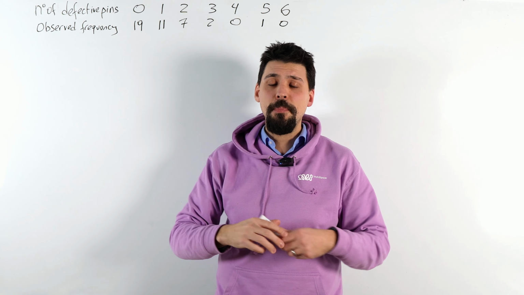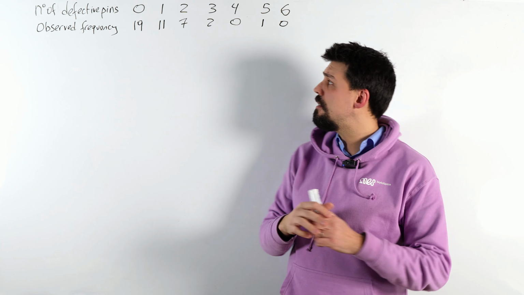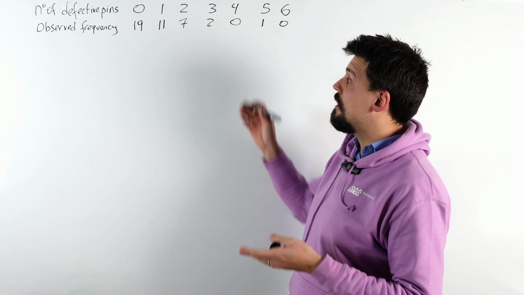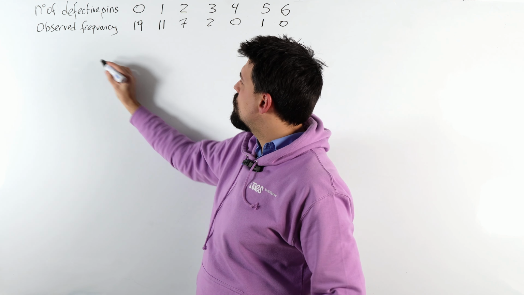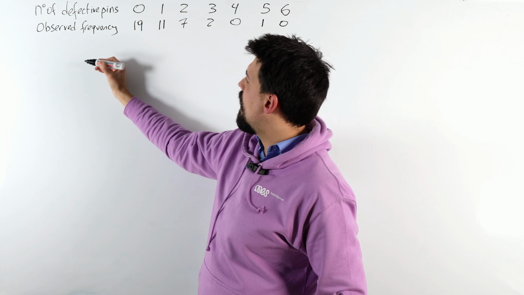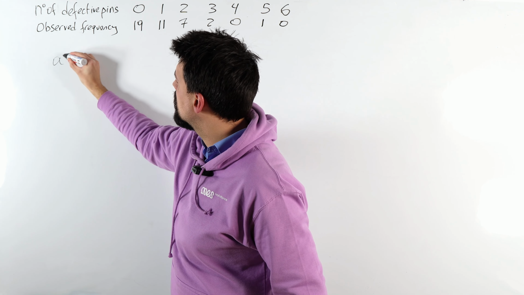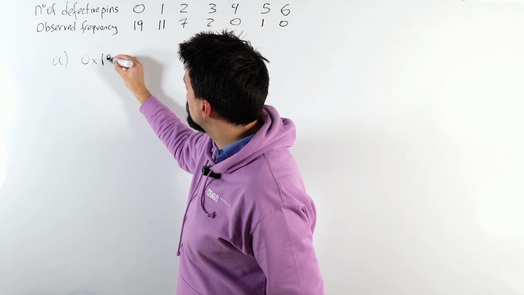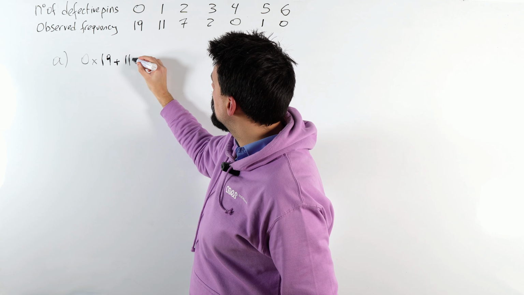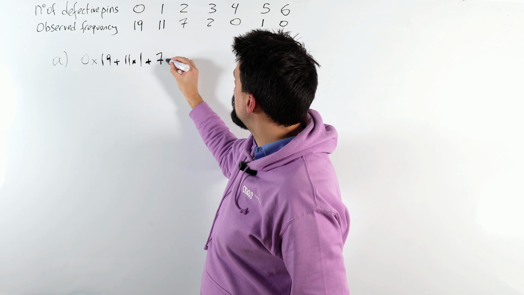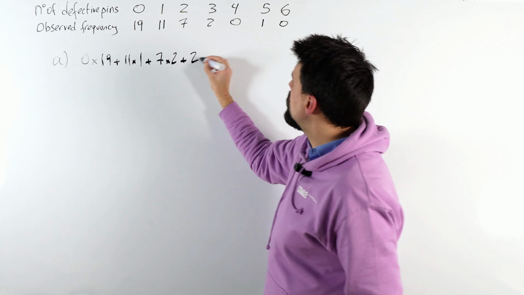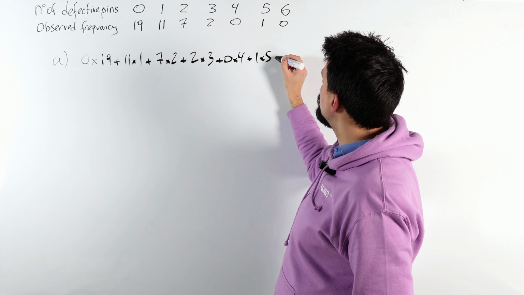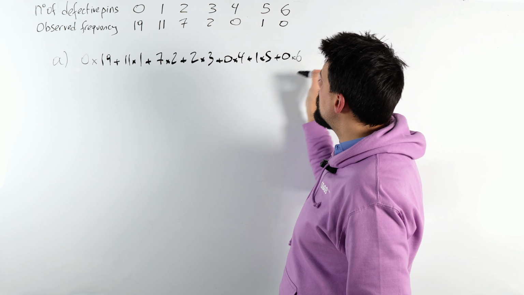Now, if you remember, part A said show that the proportion of defective pins is 0.15. Let's start with that. All this means really is let's find the average. So how many defective pins were there? For part A, there were 0 times 19, 11 lots of 1, 7 lots of 2, 2 lots of 3, no lots of 4, 1 lot of 5, 0 lots of 6.